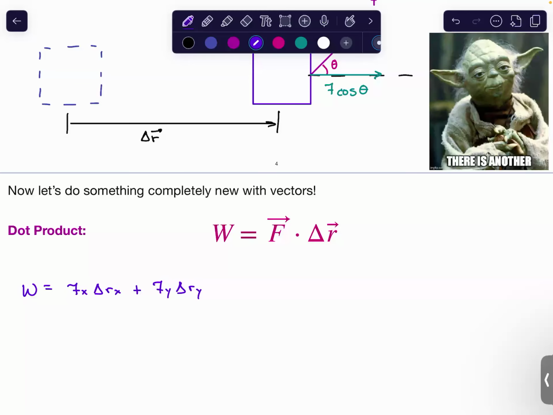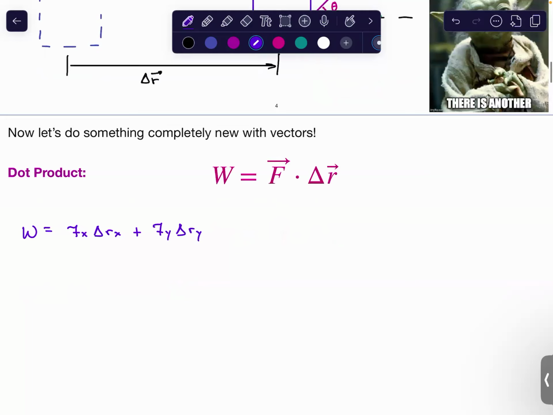The other definition that's going to be more common for solving problems in this textbook is this: looking at that general example where you have a force pointed at some angle, that's where you can see this definition of work come into place. You're going to have the magnitude of the force vector, the magnitude of the displacement, and the cosine of theta between the two.